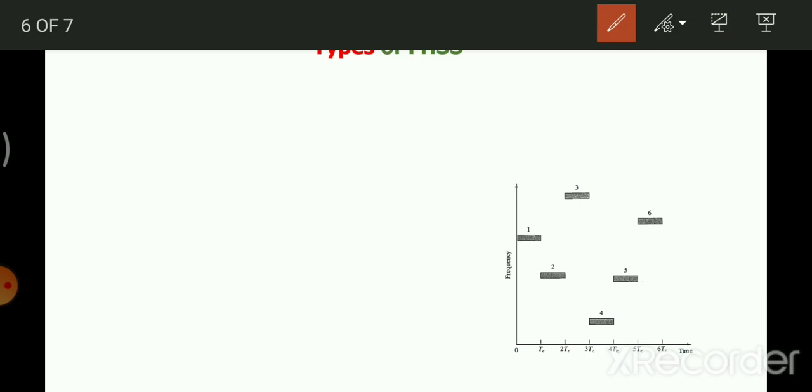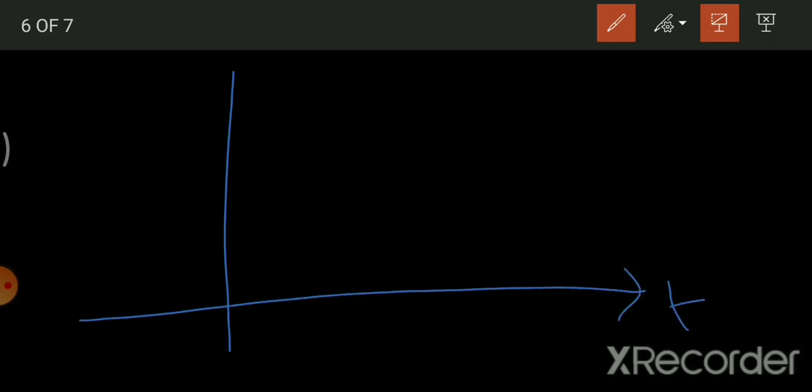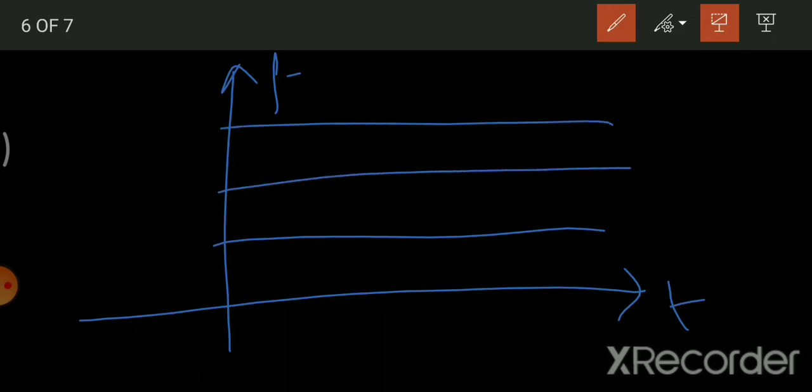Slow FHSS is very simple. It might require more than 1 bit duration to change one carrier frequency. Let us see. This is time, this is frequency, and these many users you have. Let us say this is TC, 2 TC.